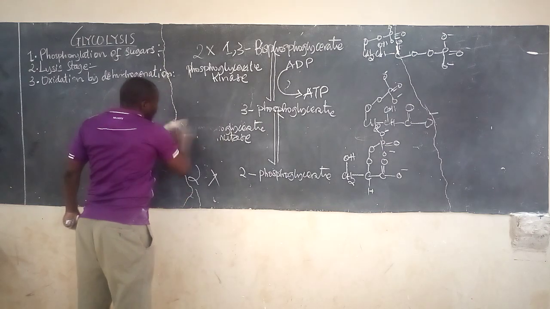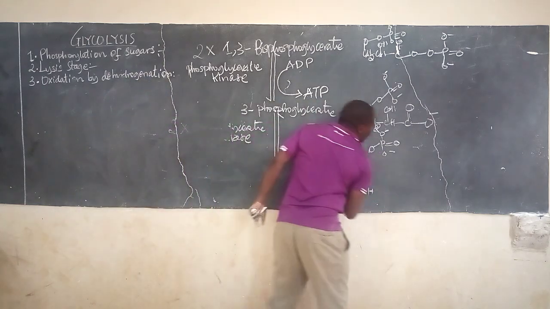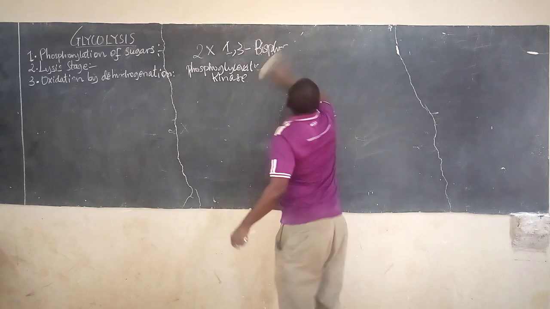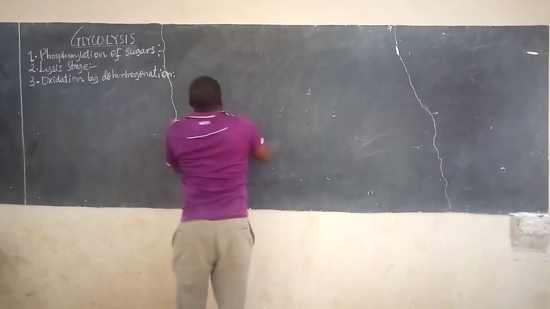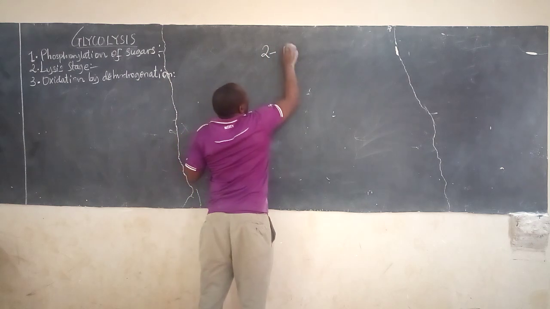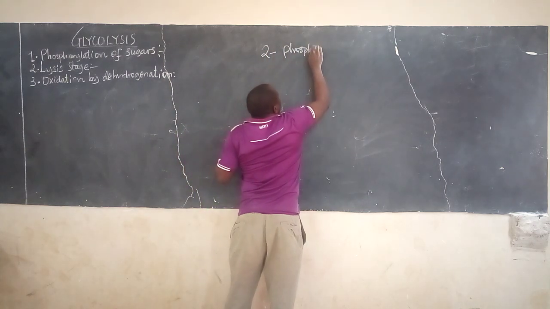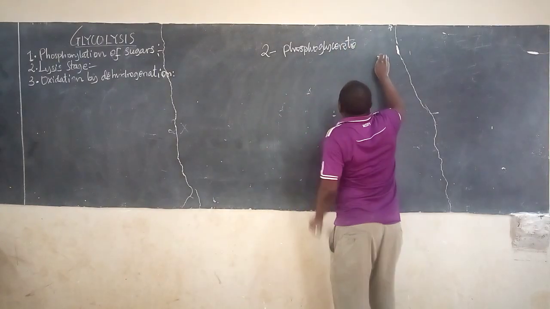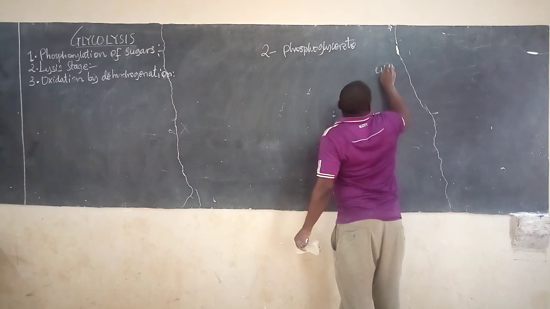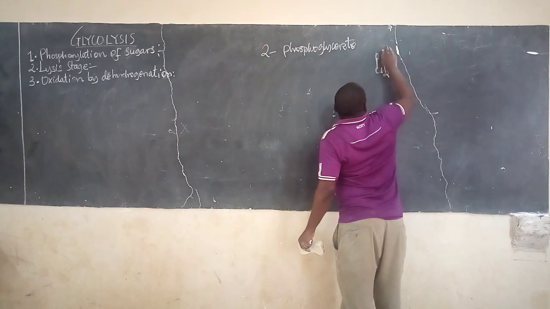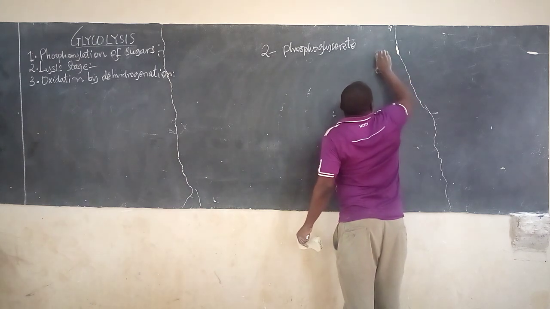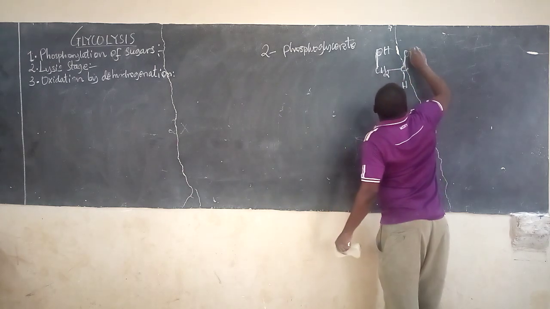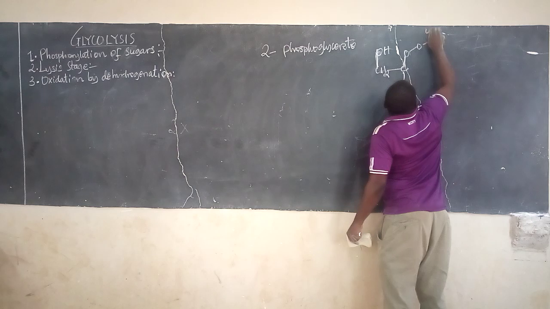Let's now move to the next stage from 2 phosphoglycerate, which is this one: CH2, OH here, hydrogen here, oxygen, phosphate double bond, oxygen negative.